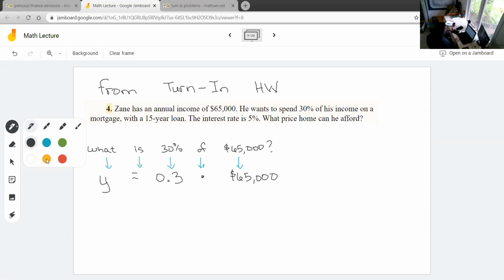Now this number is going to seem suspiciously big. I need to label this carefully. He's not going to write a monthly mortgage check for $19,000. So what step am I missing?